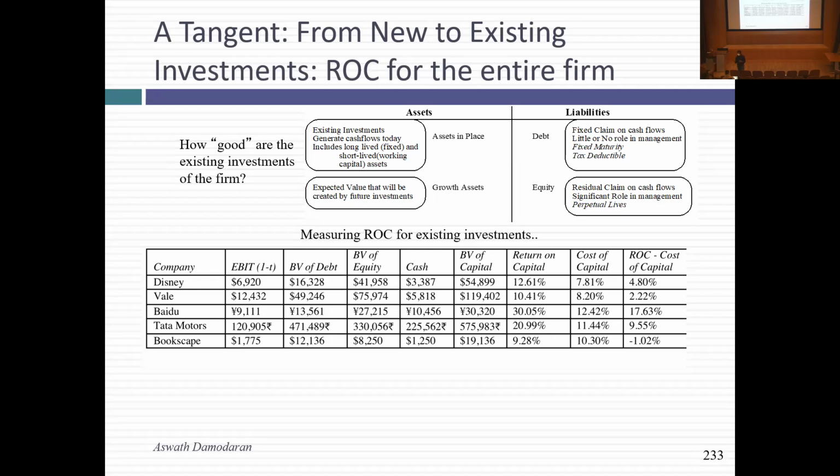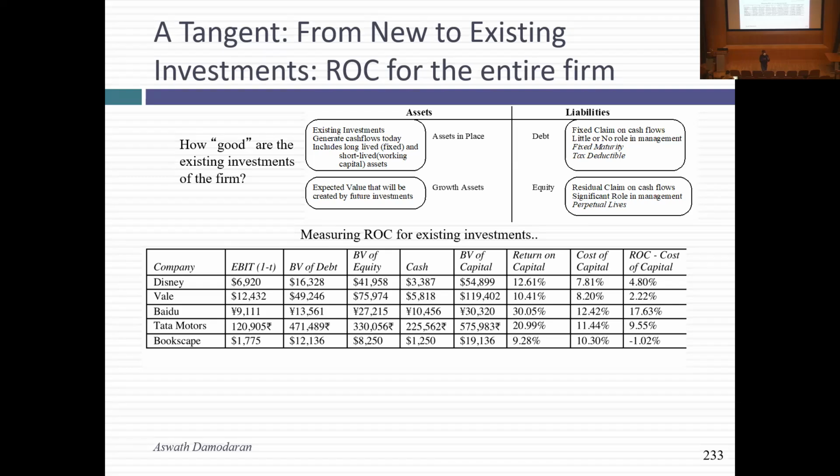And here's what we do, and it's flawed, but I want you to see the logic. I take the total after-tax operating income for the entire company because that's a portfolio coming from all of their existing projects. And I divide by the total invested capital of the entire company. How do I get invested capital? I do it the same way I did for an individual project. Take book values.